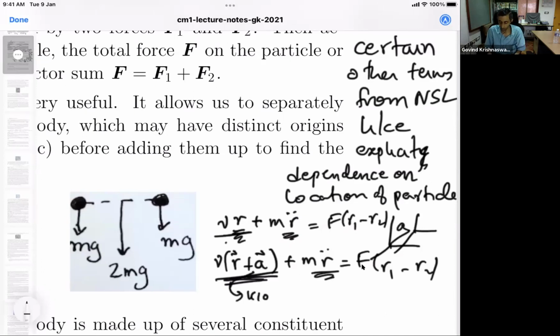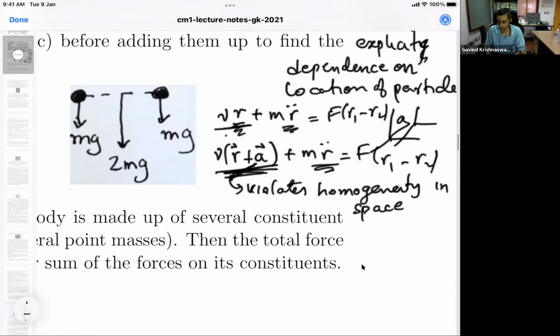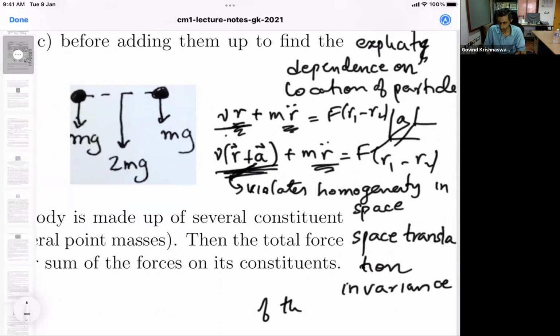So the appearance of this vector a violates homogeneity in space. Sometimes this is also called space translation invariance of the laws of mechanics.